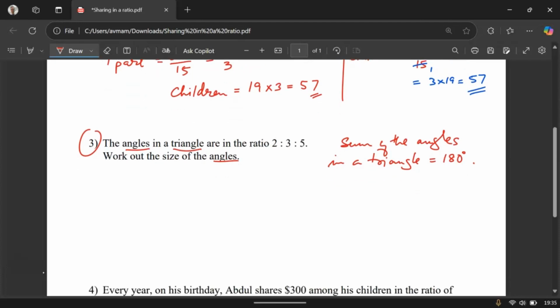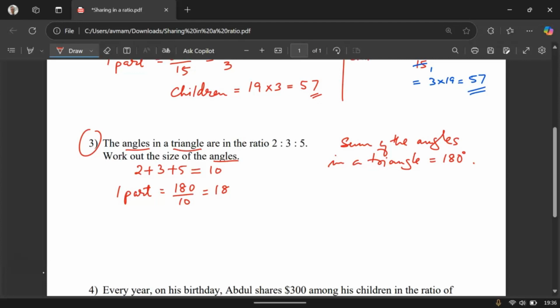So let's find the total number of parts, which is 2 plus 3 plus 5, equal to 10, and then one part will be 180 divided by 10, which is equal to 18.